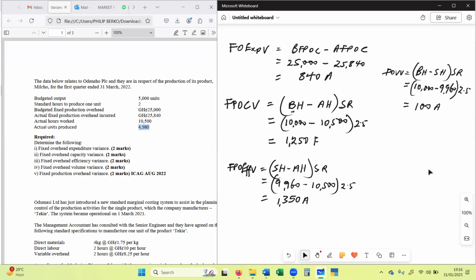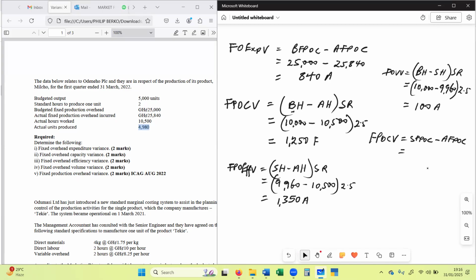All right. Then the last but not the least is the production overhead variance. So that will be fixed production overhead cost variance: standard fixed production overhead cost minus actual fixed production overhead cost.